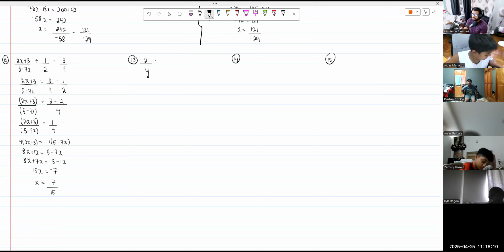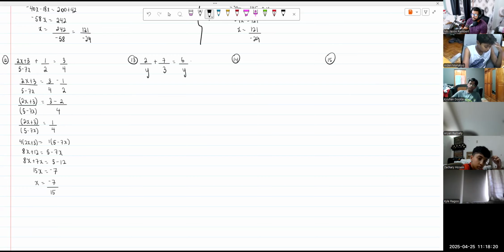y plus 7 over 3 is equal to 6 over y minus 1. Cool?